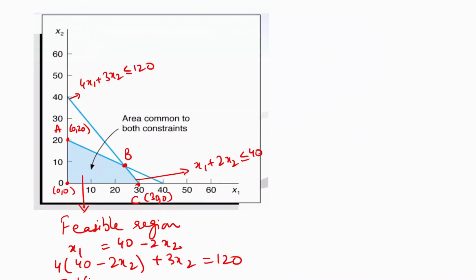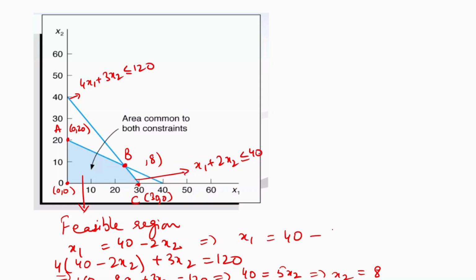So that's 160 minus 8x2 plus 3x2, so 40 is equal to 5x2. So x2 is coming out to be 8. So x2 is 8. And what about x1? So x1 would be 40 minus 8 2s are 16. So we are getting it as 24.